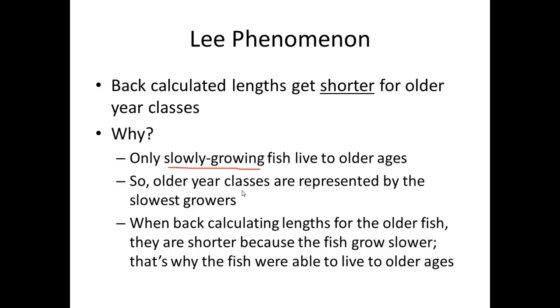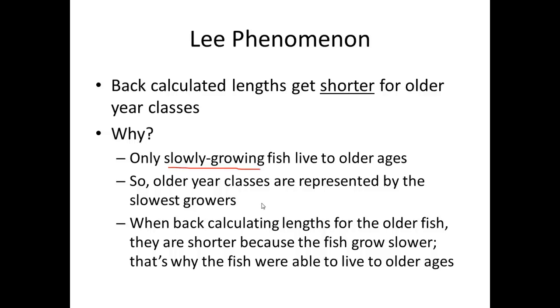And so when you do back calculating lengths for the older fish, those back calculated lengths are shorter at every age because those fish were shorter at every age. Those fish grow slower. That's why those fish were able to live to the older ages. And that is the most common way to describe the Lee phenomenon.